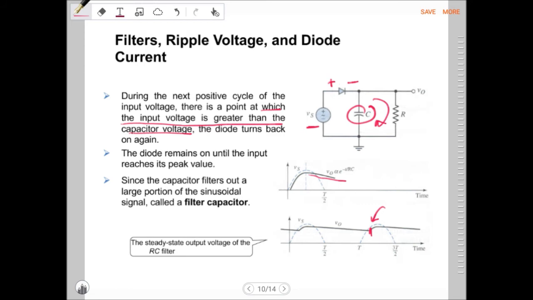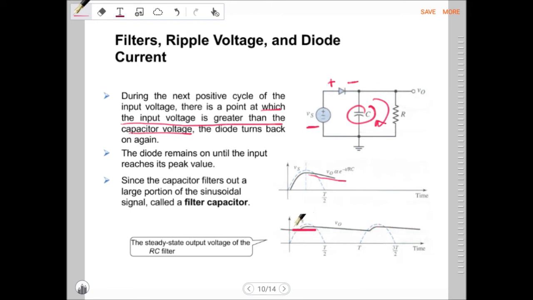And again the same thing happens. It will start to charge the capacitor again until it reaches the maximum, then it will discharge again. So you can see the overall shape of the output voltage will look like a ripple.